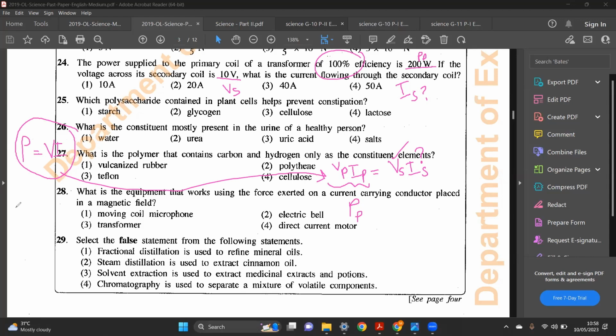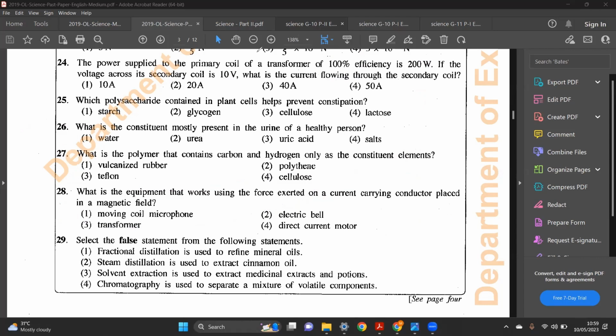We can write it as power of the primary coil equals voltage of primary coil into current of primary coil. That is what is happening over here. So we already have the power of the primary coil. We know Vs. Now we can find Is. So power of the primary coil is 200, Vs is 10. Therefore, Is would be 20 amperes. That is option number 2.